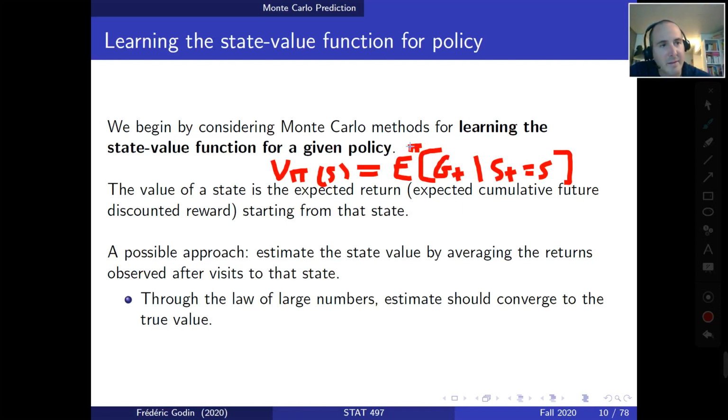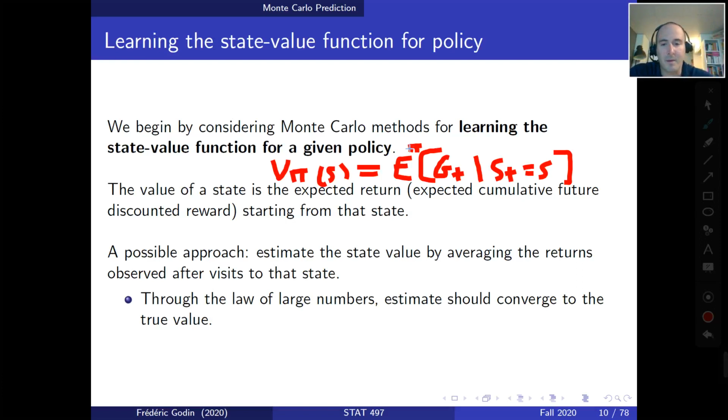So as we said, what we can do is simulate many paths and try to find at which point we fall in that state, and then we're going to average all the returns associated with all time points and paths in which we were in that state.